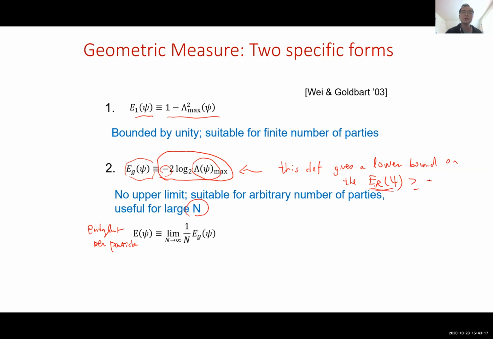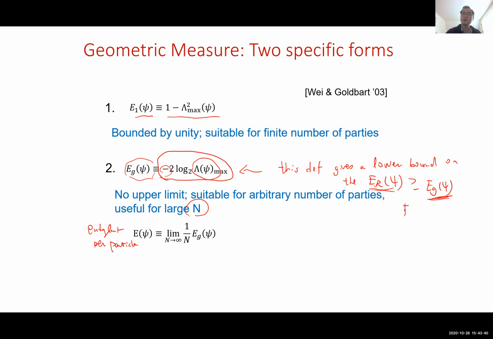But as I am going to show you, for many states, the pure state entanglement using this geometric measure is relatively easy to calculate, sometimes analytically, and therefore you can get a lower bound.